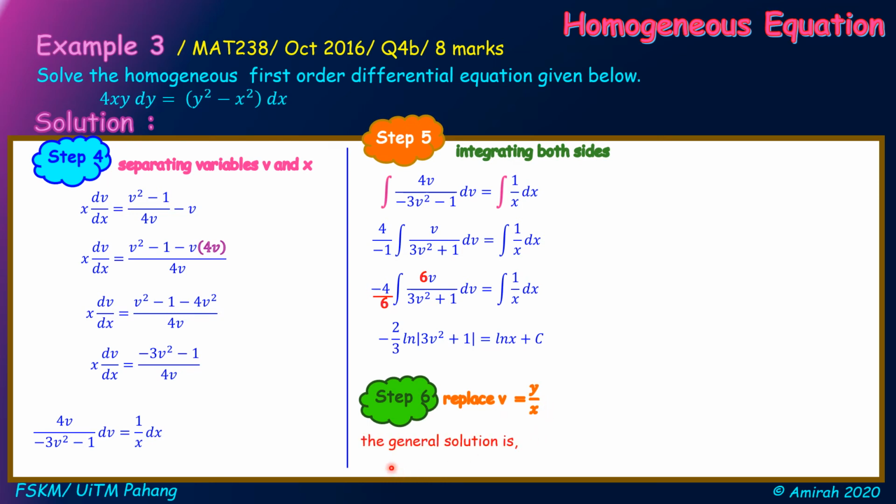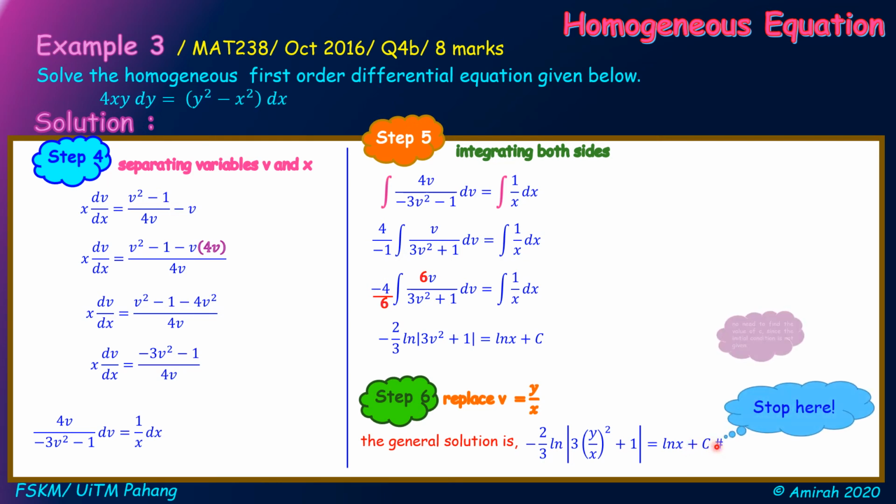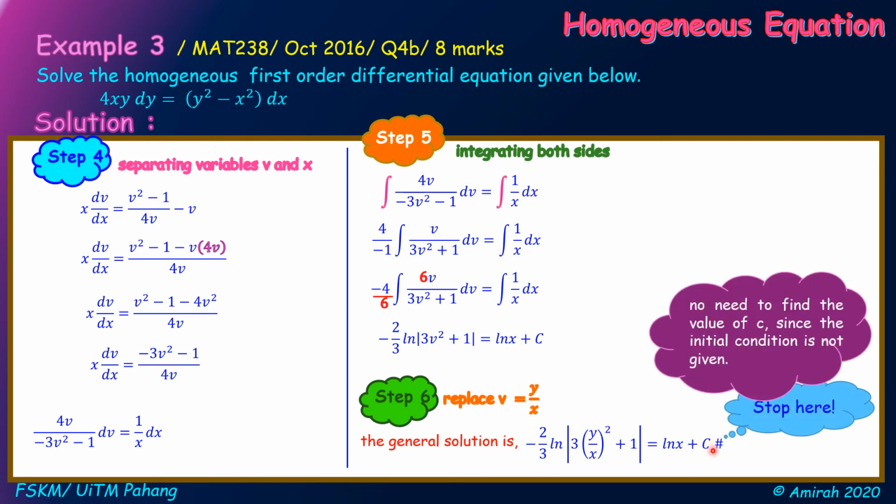So the general solution is negative 2 over 3 ln of 3v squared, we replace v by y over x, and then plus 1, equals ln x plus c. So this is the final answer. We do not need to find the value of C here since the initial condition is not given.